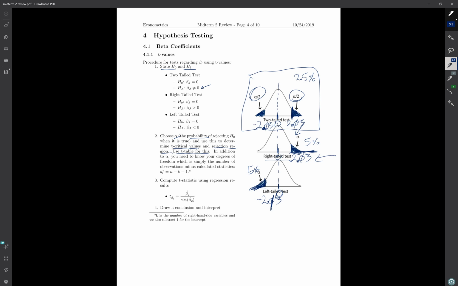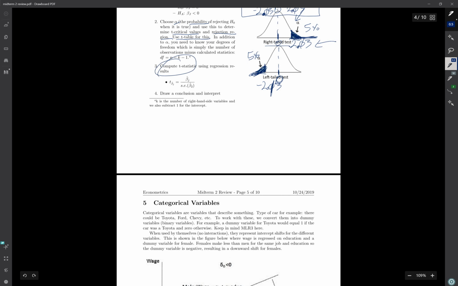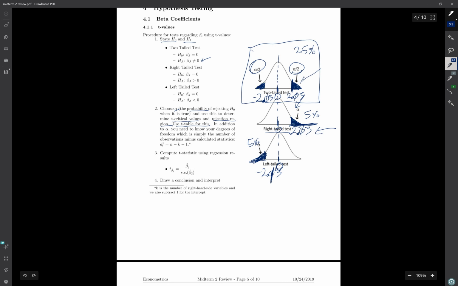So in this next step, we compute this t statistic, and if it falls within this region, either here or here or here or here, then we can reject our hypothesis. So what is this t statistic?